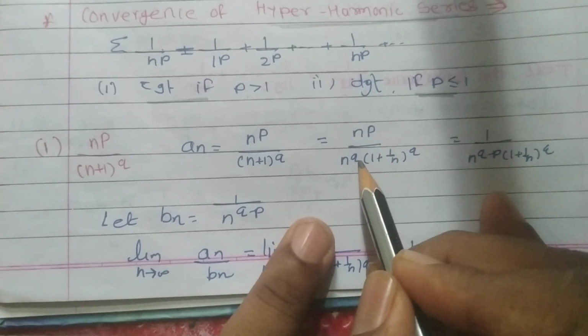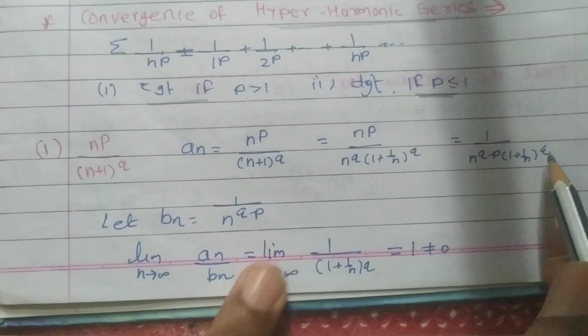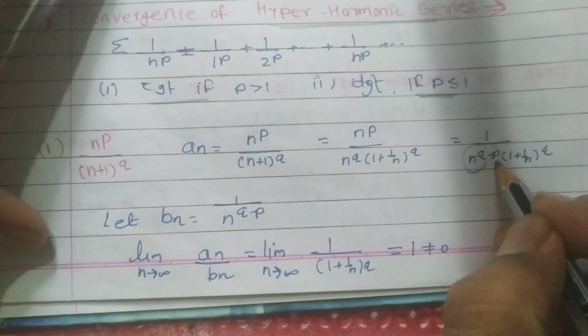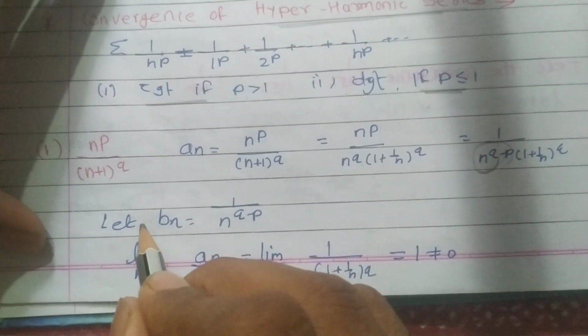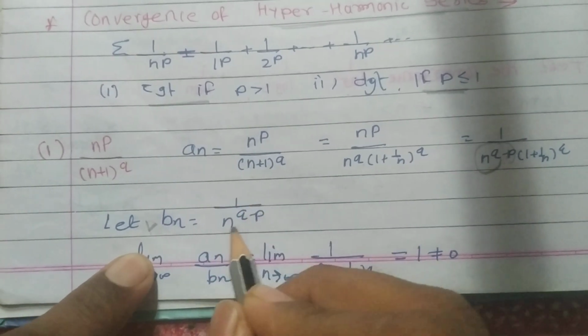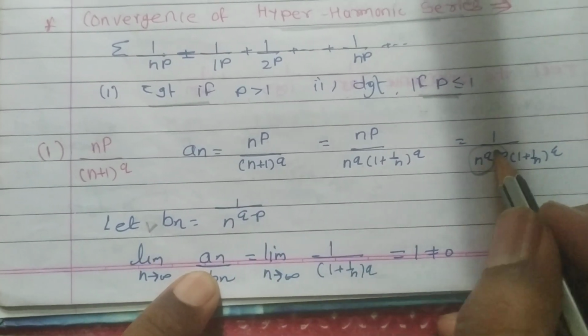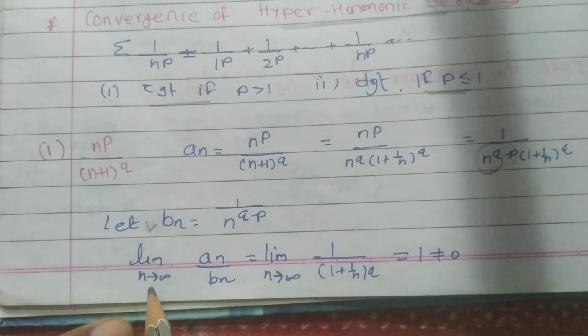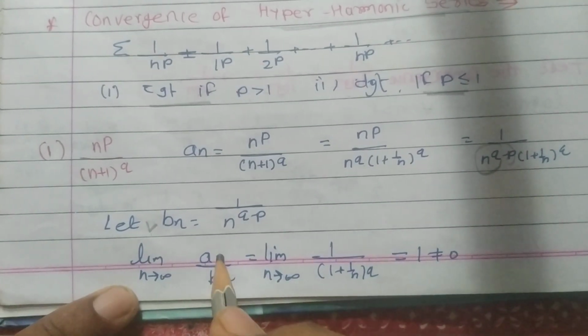Here this is the degree of n. Let bn be equal to 1 upon n raised to q minus p.